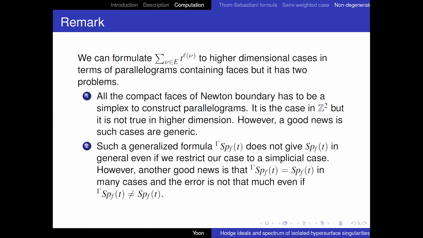And in the other cases, actually, I don't know. In principle it's possible because there is a motivic Milnor fiber formula, but the problem is that it is a summation of some simple pieces, but we do not know the spectrum of the simple pieces. That is the problem.